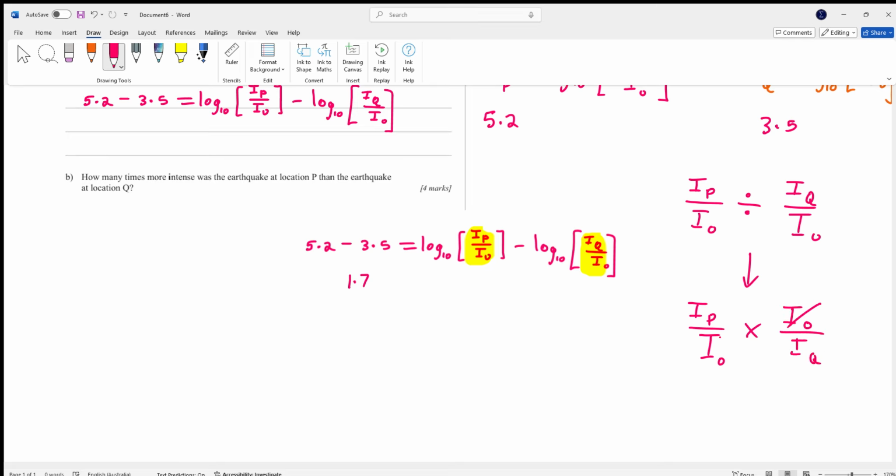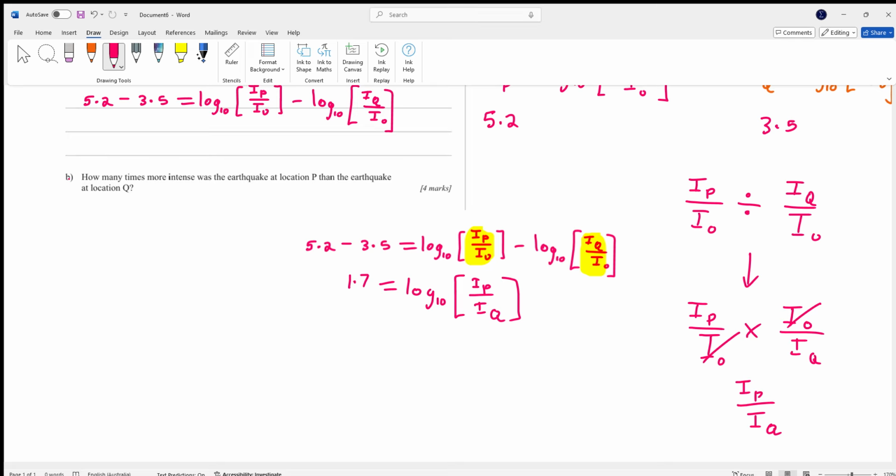And we can see those cancel out to give us IP over IQ. So we can write this as a single log 10 of IP over IQ. And that's what I would say for that first bit there.